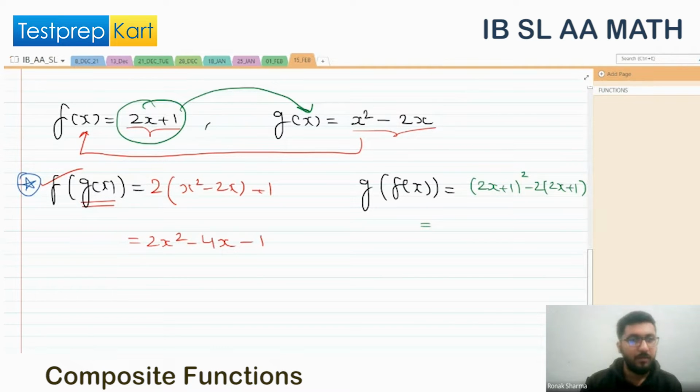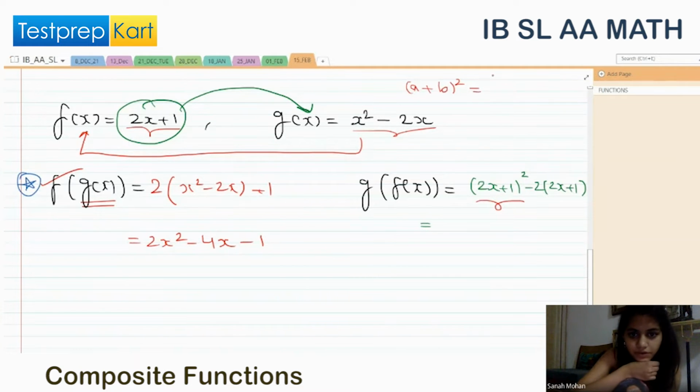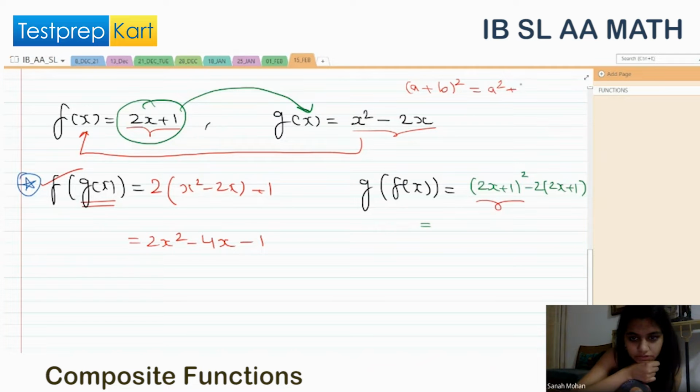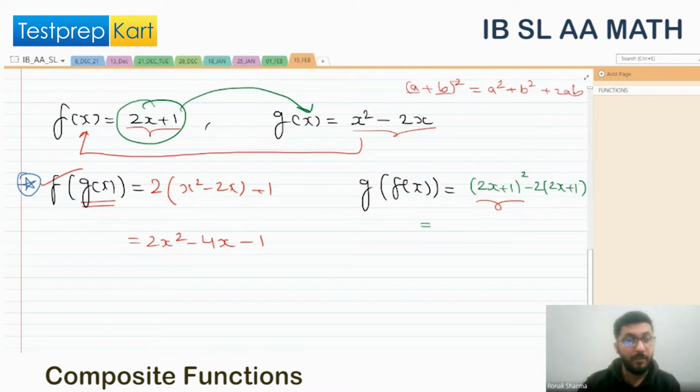If I use the (a plus b) whole square formula, what is (a plus b) whole square? a square plus b square plus 2ab. Okay, 4x square plus 4x plus 1, and here minus 4x minus 2. This and this cancel out and we will get 4x square minus 1.